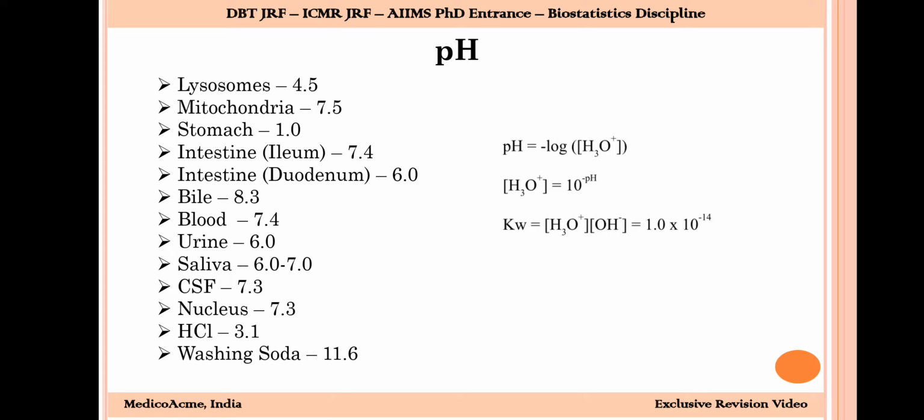CSF, very important, 7.3, nucleus 7.3, HCl 3.1, not 1. And washing soda will be 11.6 and sodium hydroxide 14. So these are the list, you can remember it.